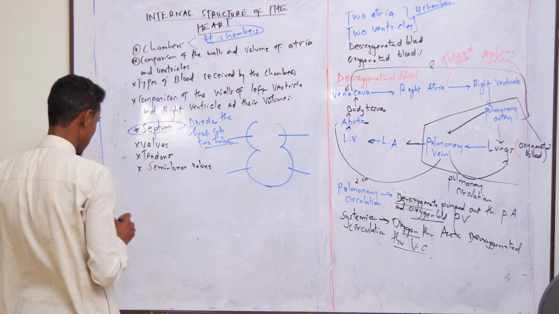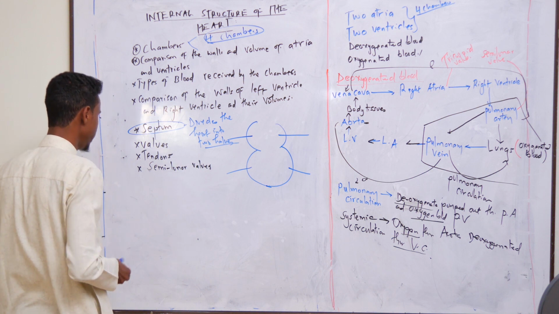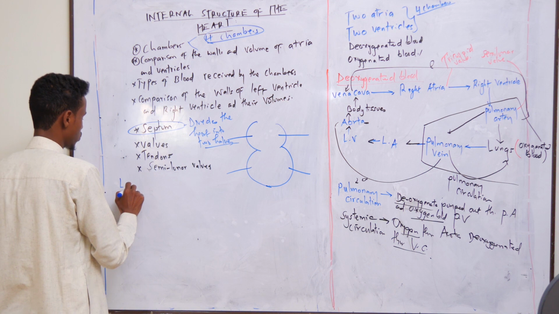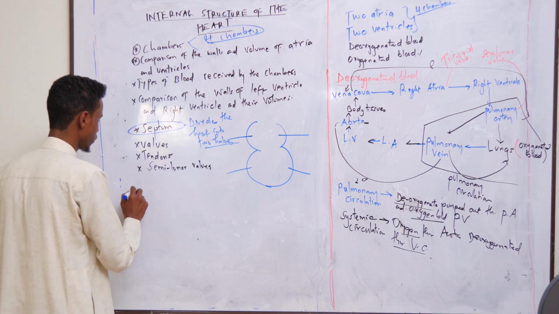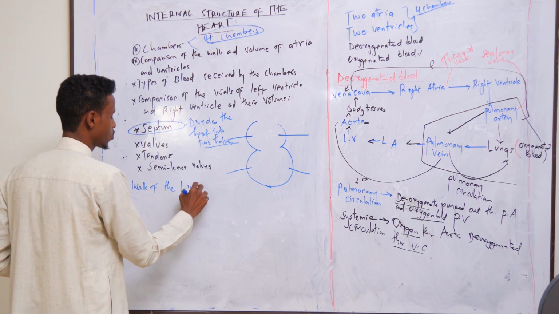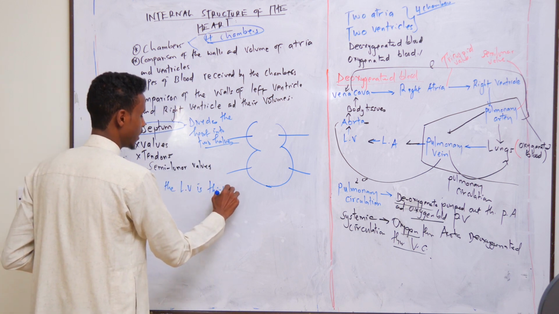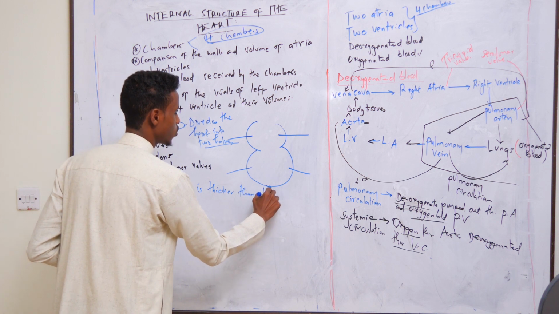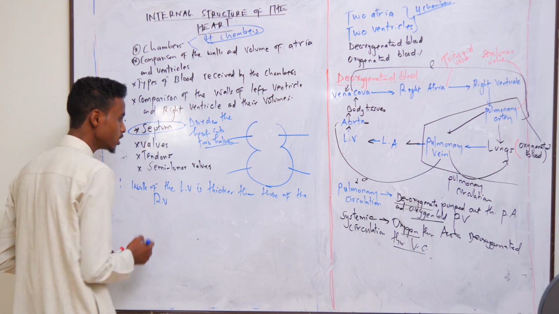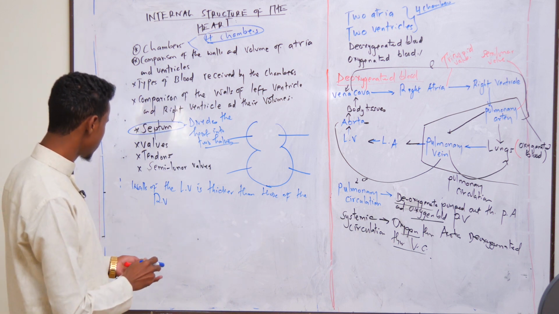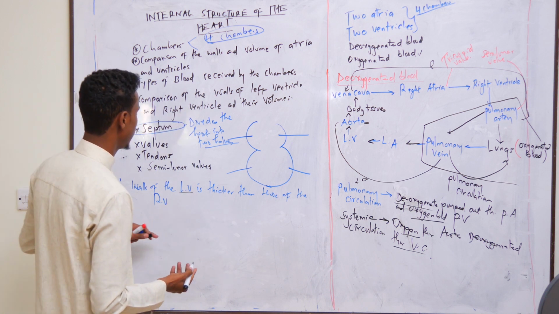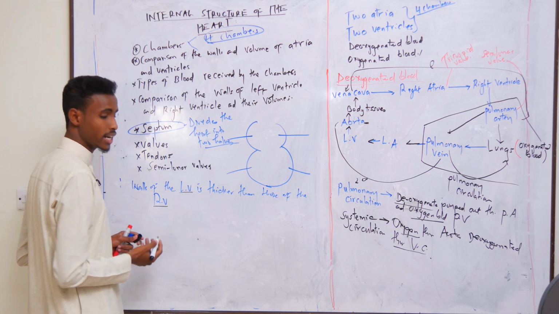Left ventricle, the LV, the muscles, the walls of the left ventricle are thicker than those of the right ventricle.